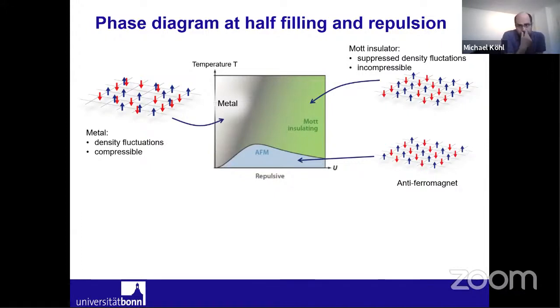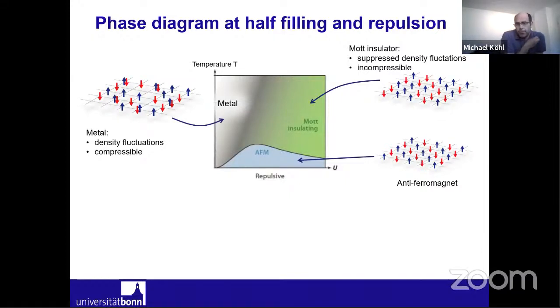Now, if we start to increase the repulsive interaction between the particles, then of course the doubly occupied sites become energetically disfavored. So this means they become suppressed, and the particles fill up all the voids, so that essentially every lattice site in the end is occupied with more or less precisely 1 particle, and thereby getting rid of all the interaction energy.